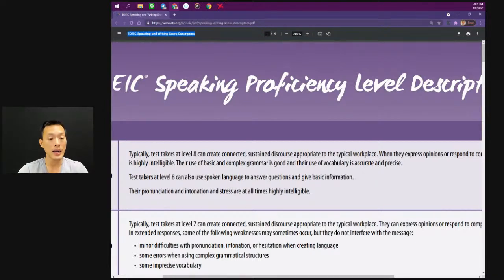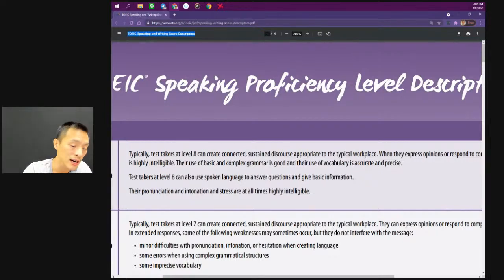So again, this is why I emphasize that you need to use the words that you are familiar with, the words that you use all the time. Because if you start using fancy words for the sake of being fancy, people are going to get confused, right? And then obviously the use of basic and complex grammar is good, and the use of vocabulary is accurate and precise, right?